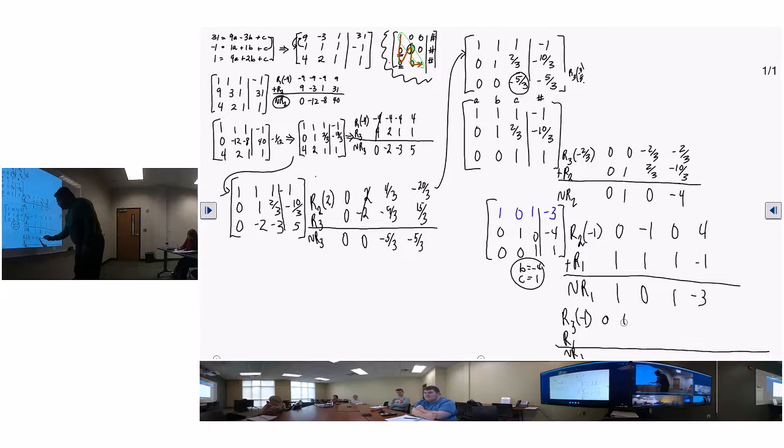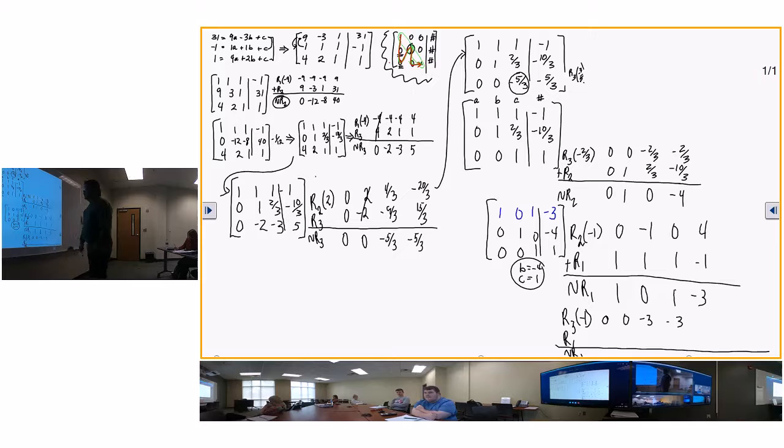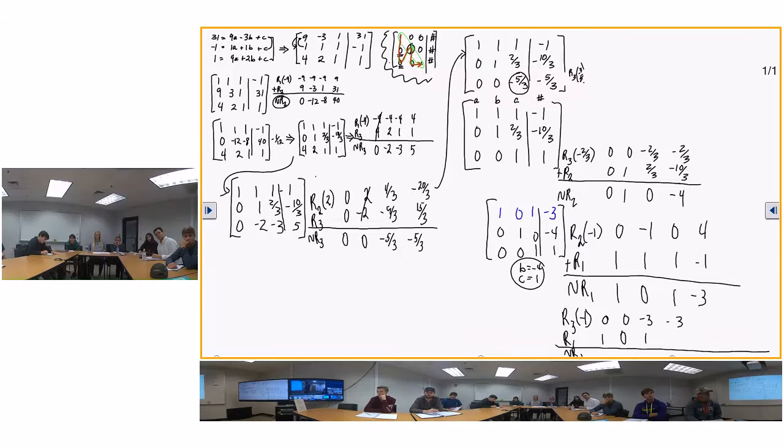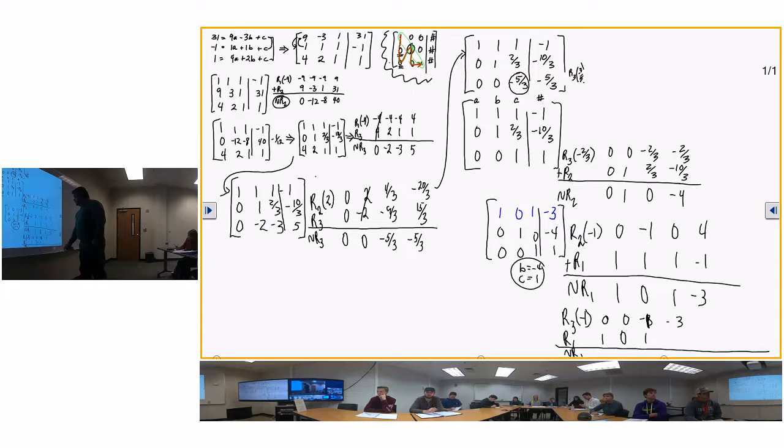Row 1, 1, 0, 1. Oh, wait a minute. Where did I get -3? Oh, that's supposed to be -1. There we go. Whew. I caught myself, so that don't count as an error.